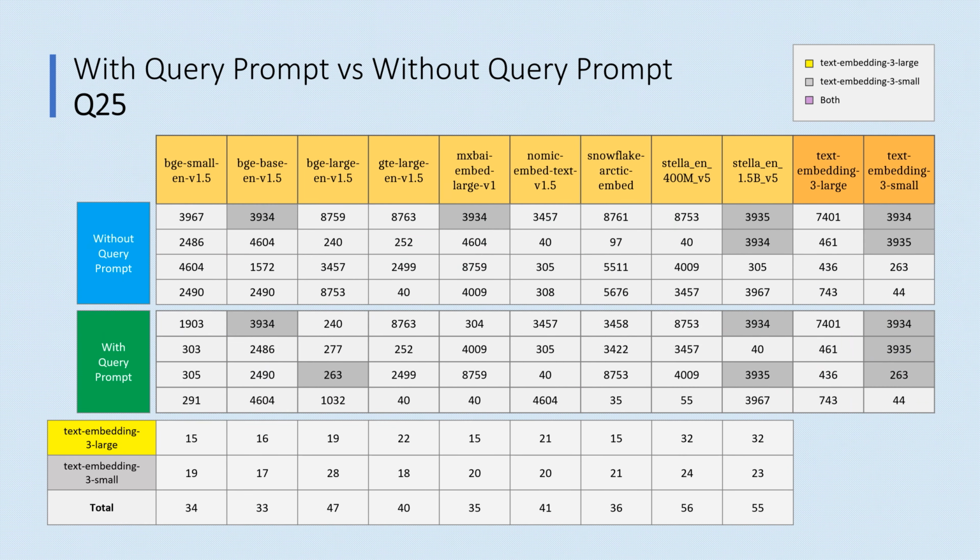This time again, Stella EN 400M retains the first position, with Stella EN 1.5B coming in the second position and BGE-large-en coming in the third position.